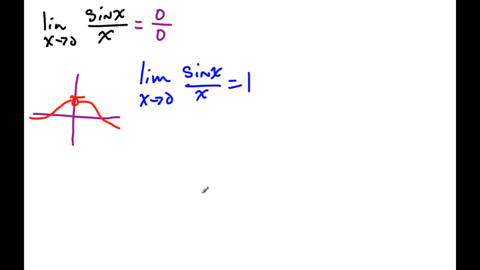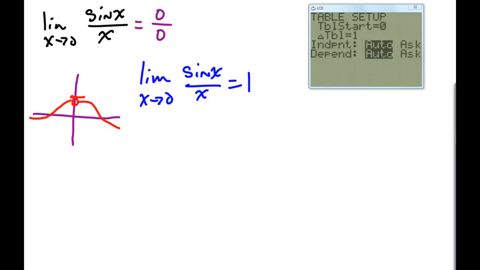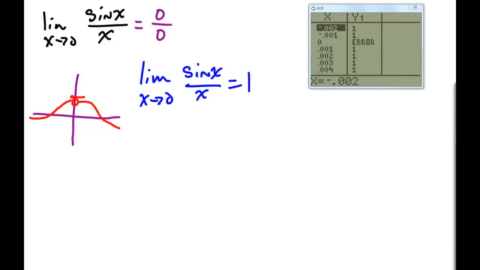Well, that's a good conclusion, but let's verify that on our calculator again, numerically this time. So I'm going to set up our table, our window, and make my table start at 0, and delta table we're going to make really small, 0.001. Okay, and then I'm going to look at our table now. If you look there, we get our error at 0, but I want you to take a look at 0.001, so immediately to the left of 0, we get a value of 1, and then immediately to the right of 0, we get a 1.